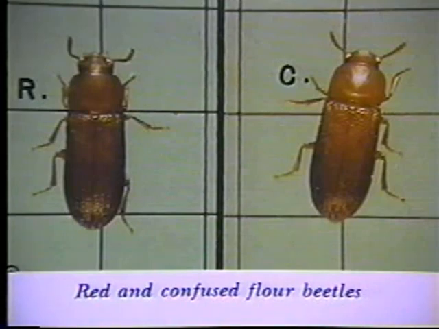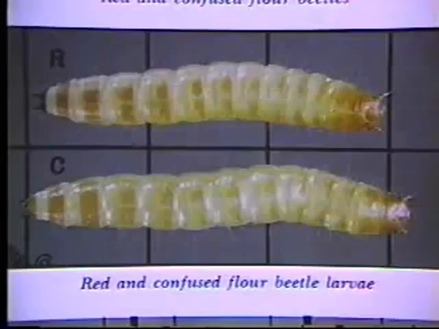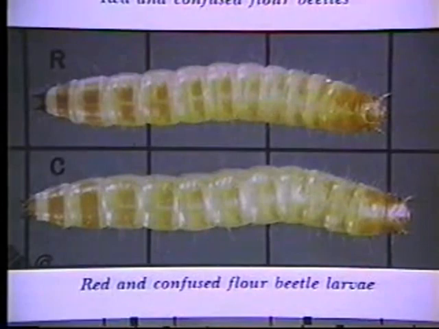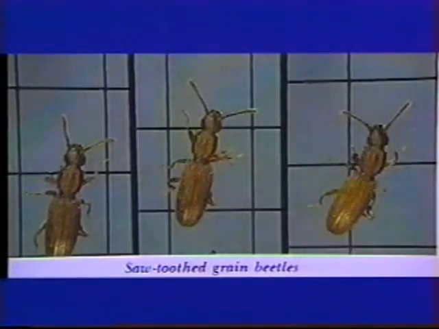All that can be infested. Adult beetles are often found crawling around the infested vicinity, or in case of some of the flour beetles and cigarette and drugstore beetles, flying and collecting around light fixtures. This is the larvae that we see here. We also have the sawtooth grain beetle, and we also have the cigarette and drugstore beetle.